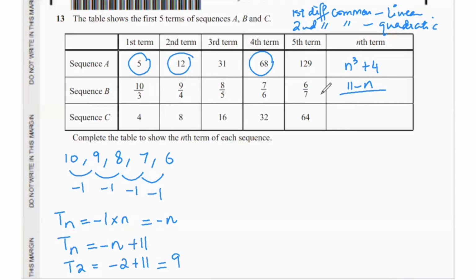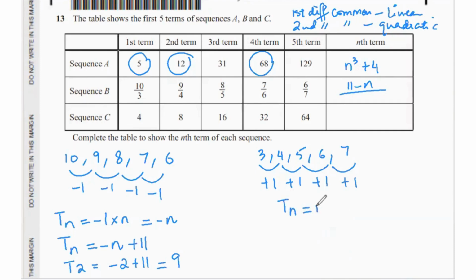And for the denominator now, 3, 4, 5, 6, 7. We're adding 1 now. So for the nth term formula we initially get Tn equals n. Now we have a 3 in the denominator.